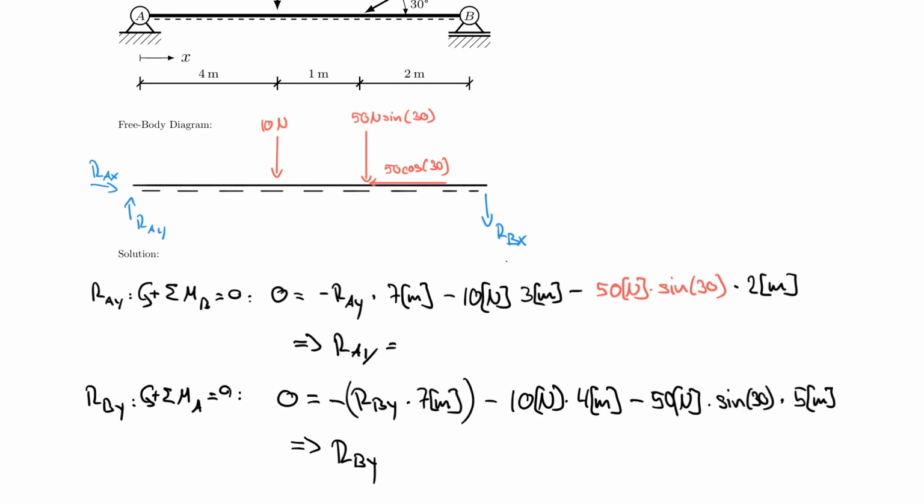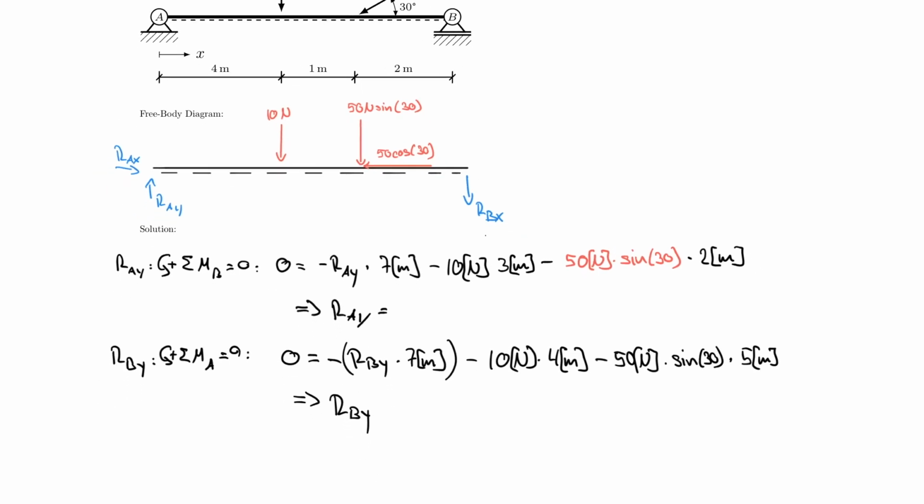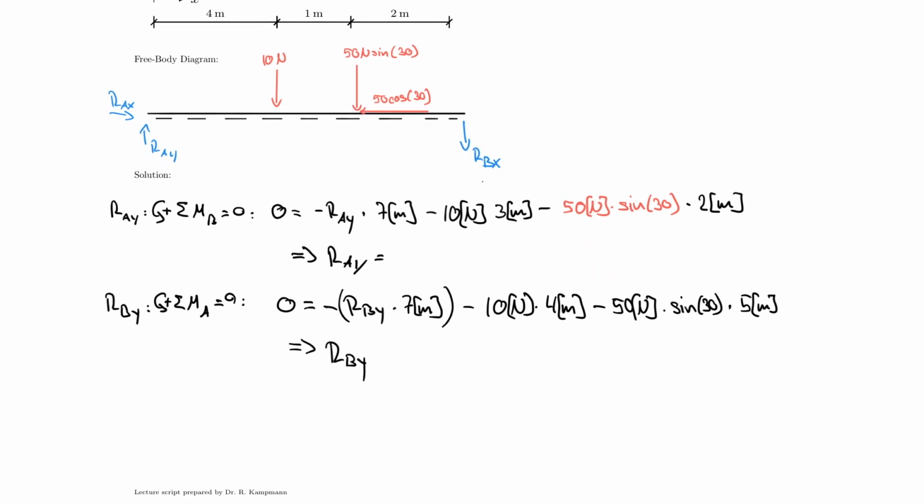RBY. And then, of course, don't forget to check these, right? So you would run a check. And the check would be the sum of the forces in the y direction being equal to 0. And 0 would be equal to plus RAY minus 10 Newton minus 50 Newton times sine 30.